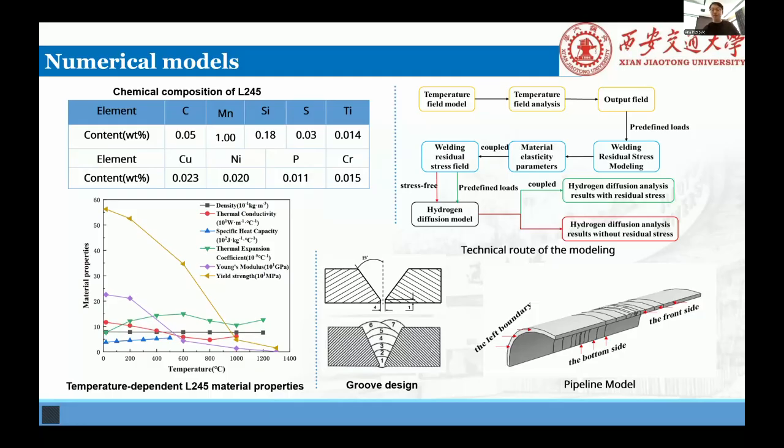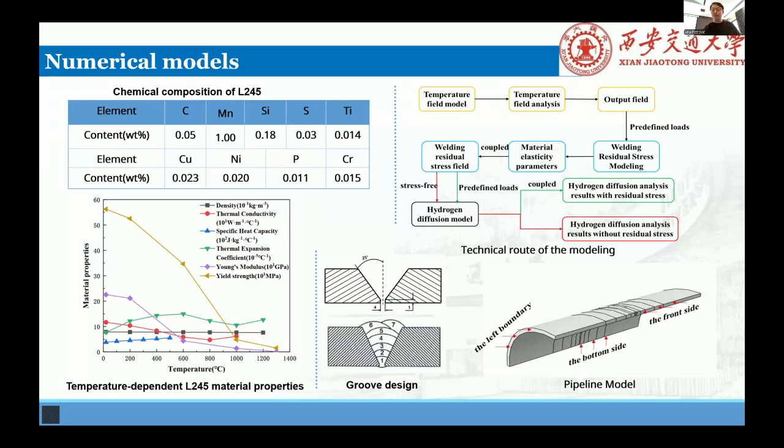Second, we obtain the temperature-dependent material properties of L245 steel, such as elastic modulus, yield strength, and some other physical parameters at different temperatures. These properties are used directly as input data for the welding and the diffusion simulation.